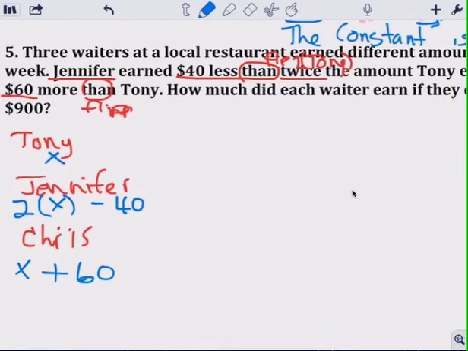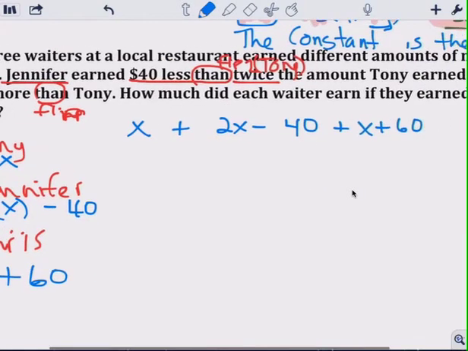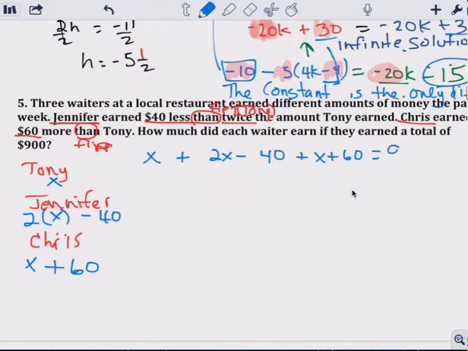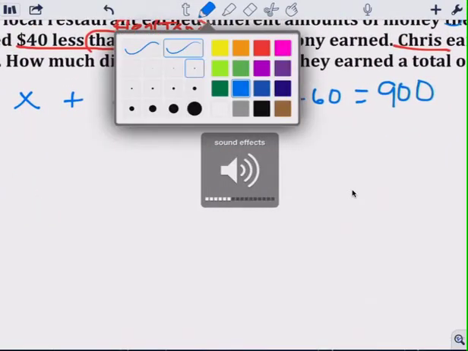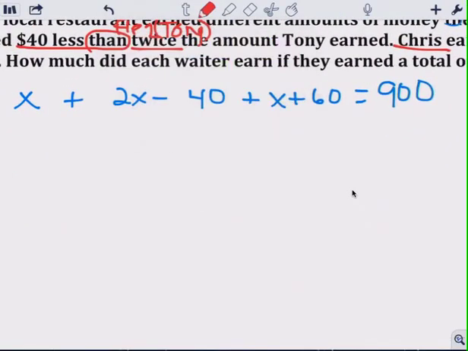Okay, so we have Tony plus Jennifer, which is 2x minus 40, and then the last one is Chris, x plus 60, and that equals $900. Combine like terms. These are alike, giving us 4x.